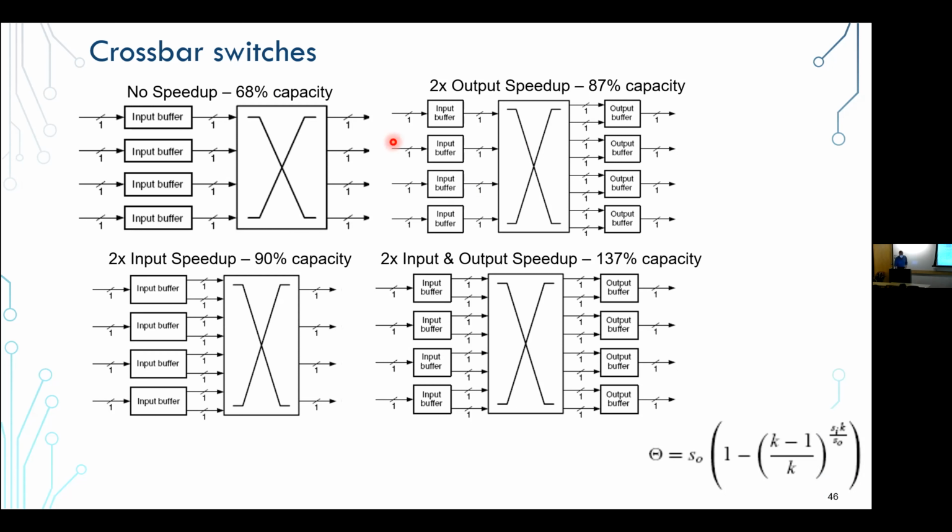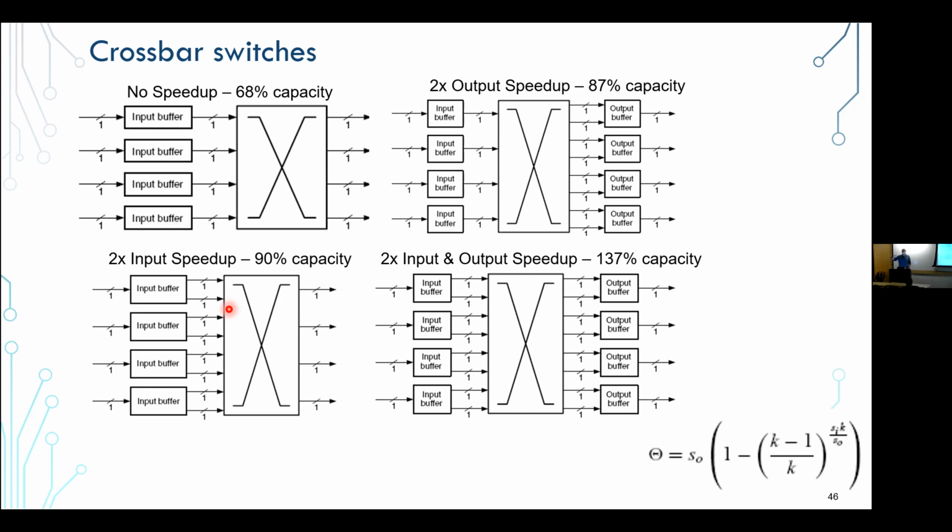And since I don't have any buffering here, if these two guys bid for the same output, only one of them can make it, right? But if I have some way of speeding up, so I get the requests from both, and then I do the first one, and then immediately the second one after that, I have an internal speedup in deciding who goes between these two inputs.